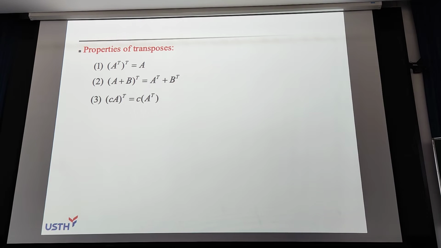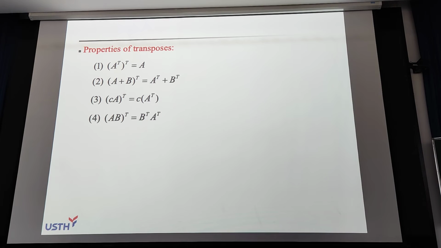And if you take a scalar multiplication of A and then transpose, it equals C multiplied by A transpose. Why is that? Because for the number C, there is no transpose of a number.